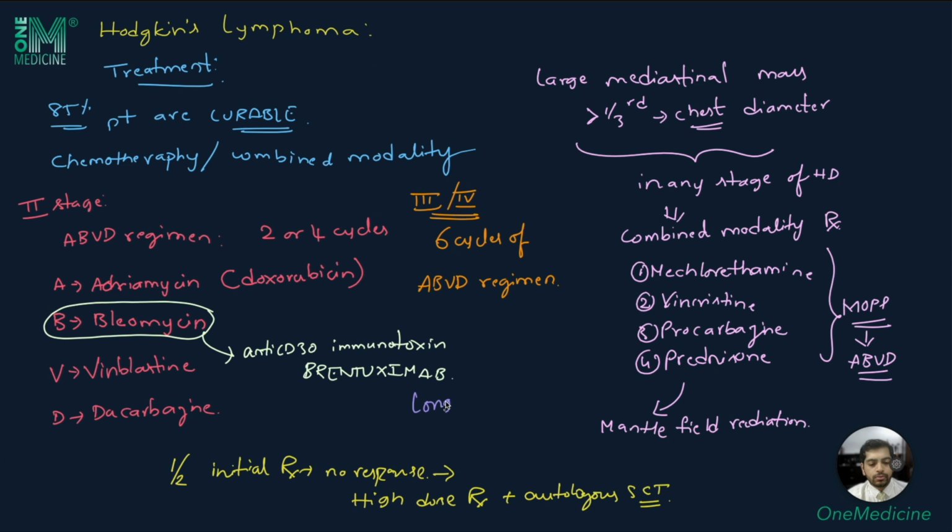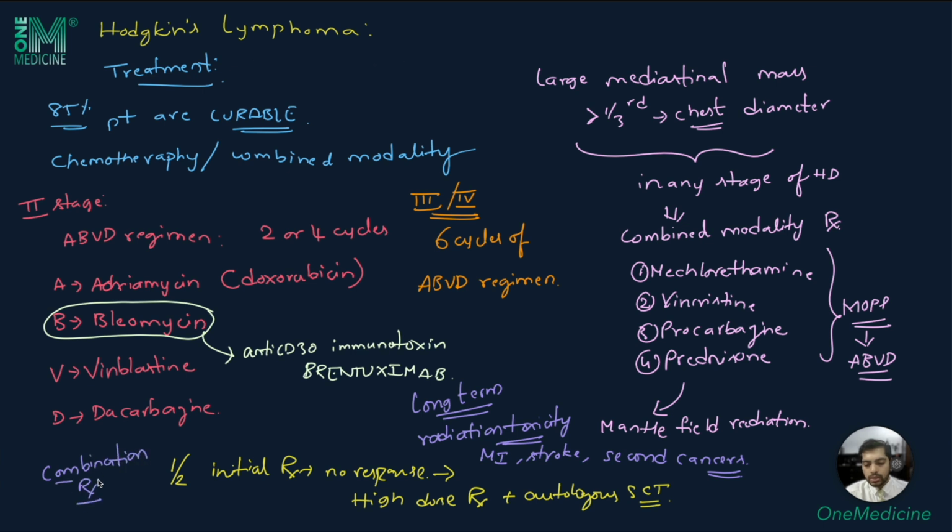In long-term follow-up, it is found that patients are dying due to radiation toxicity and due to diseases like myocardial infarction, stroke, and second cancers. And hence, to prevent these, a combination therapy should be utilized.